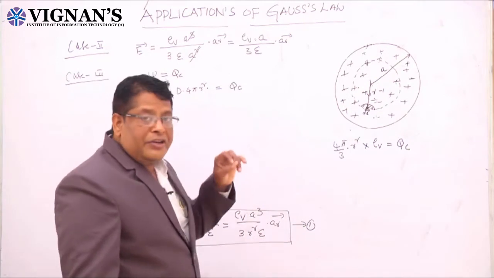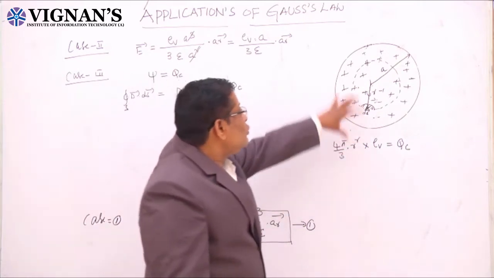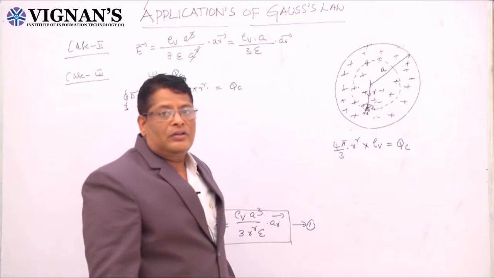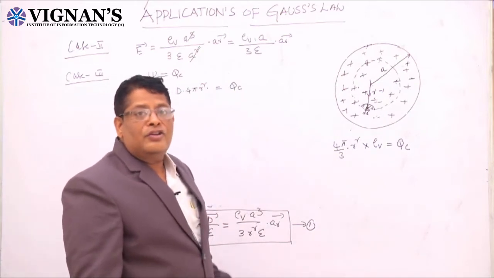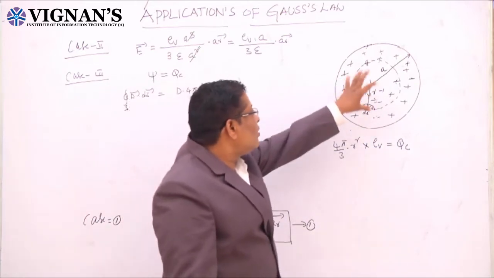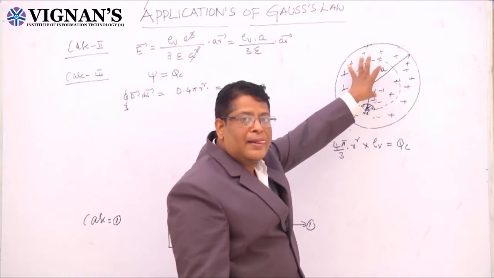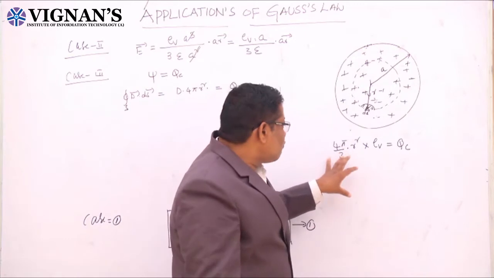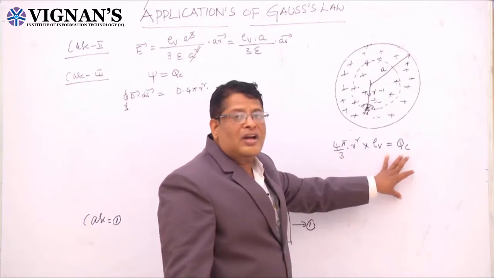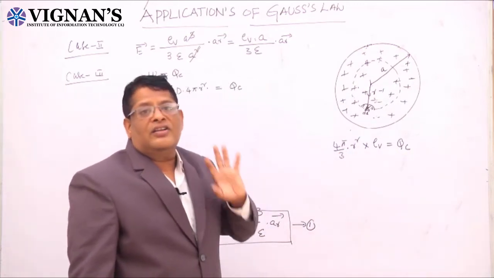See here, we are assuming that the charge is uniformly distributed. See how much volume is enclosed by the Gaussian surface. That should be multiplied with rho v, that gives the charge enclosed by the Gaussian surface.